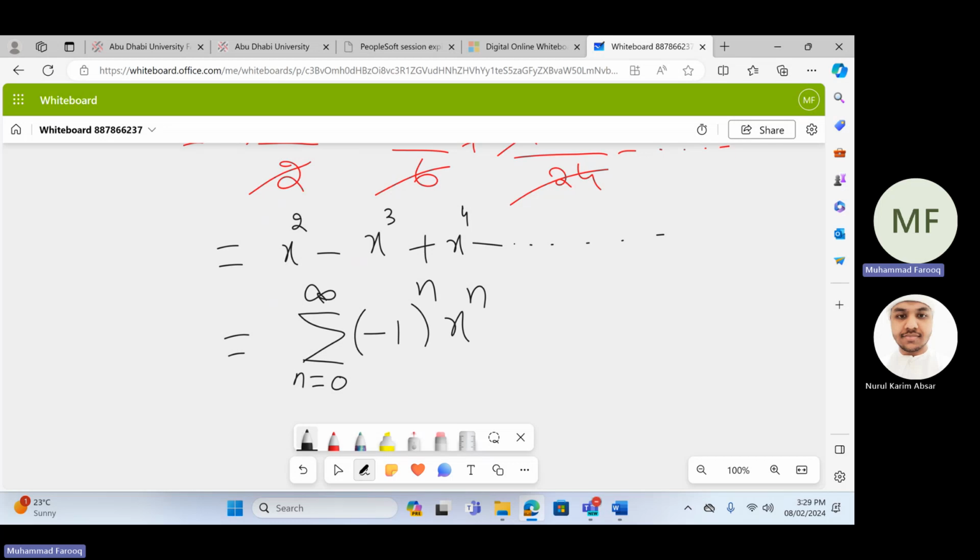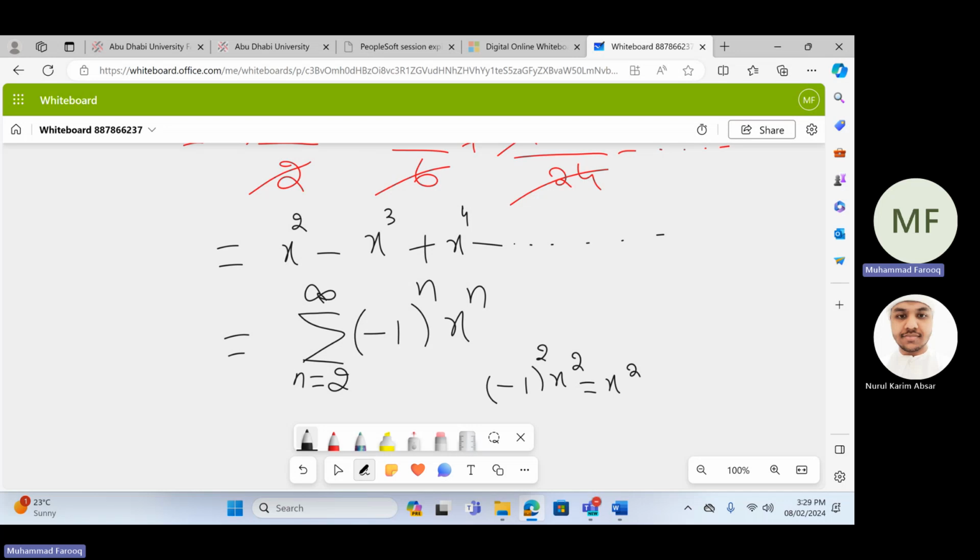Now look here. Actually, my first term is x squared. So definitely I cannot start from 0, because my first term is going to be what? 2. So I can start from 2. Please cross check. As I put 2 here and 2 here, negative 1 power 2 is 1, and x squared is my first term. Please check, correct? Yes. Okay, good.